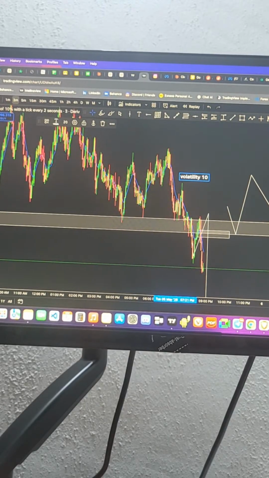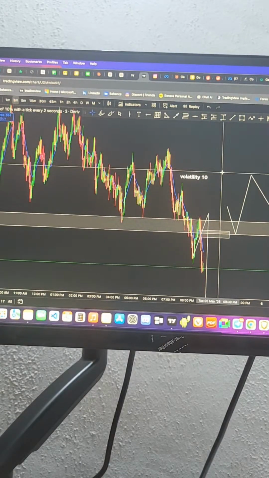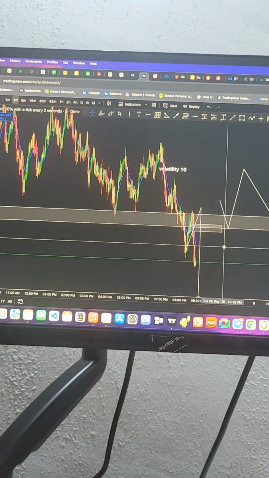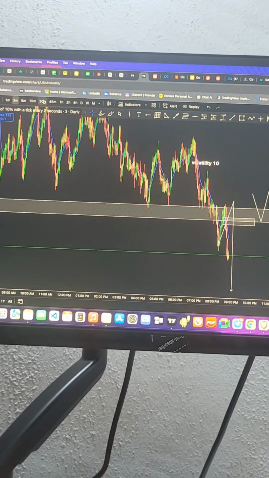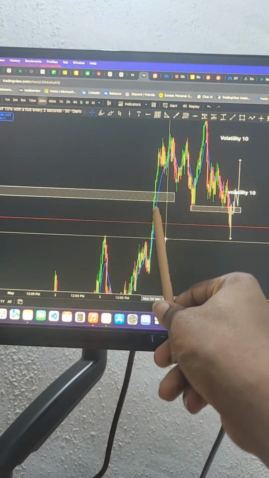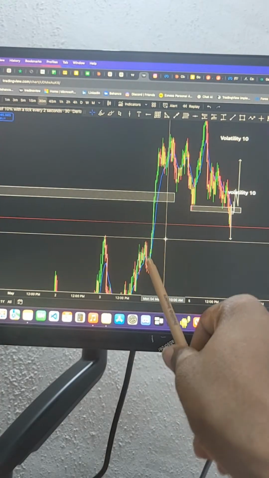Volatility 10. So this is volatility 10 you are seeing right here. So I'm going to wait for that pullback so I can get that sell, and here's where I'm targeting, guys. So if you look at all these zones, there are a bunch of zones here that price is literally going to come and fill up.